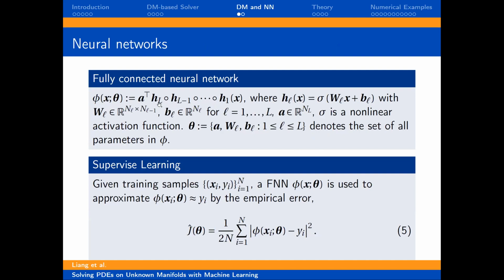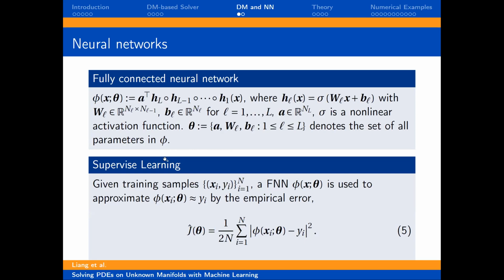Here we have L hidden layers, and each hidden layer hL is a composition of a nonlinear activation function sigma and a linear transformation WL s plus bL. Here NL and NL minus 1 are the widths of the hidden layers, and we use theta to denote the set of all the parameters in our neural network.